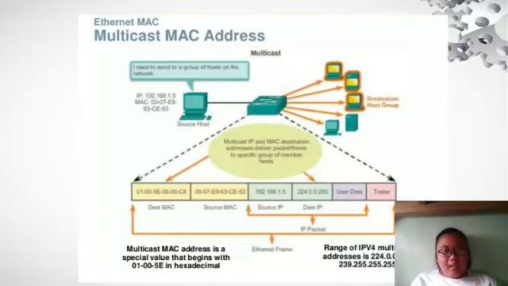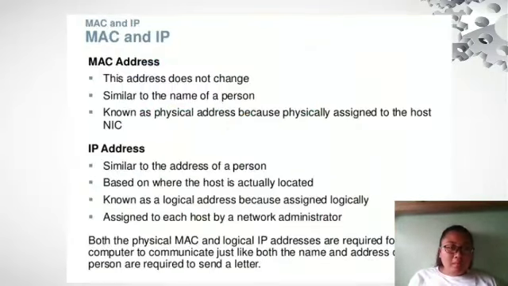Multicast IP and MAC destination addresses deliver a packet frame to a specific group of member hosts. A multicast MAC address is a special value that begins with 01-00-5E in hexadecimal, and the range of IPv4 multicast addresses is 224.0.0.0 to 239.255.255.255.